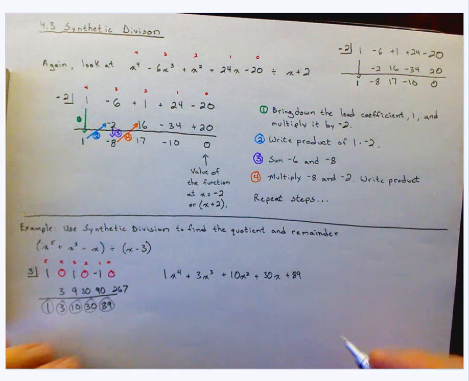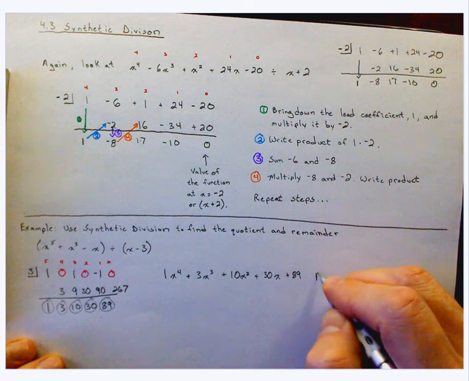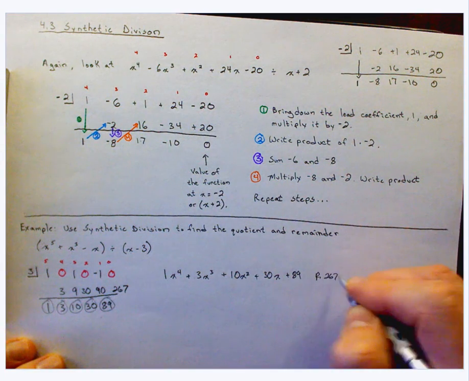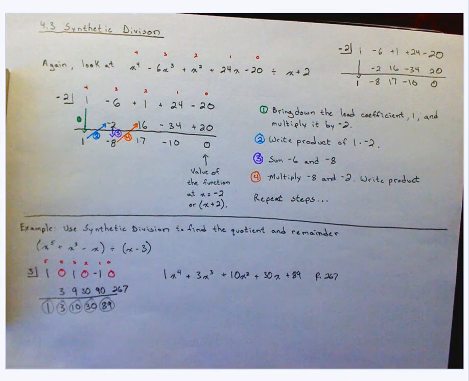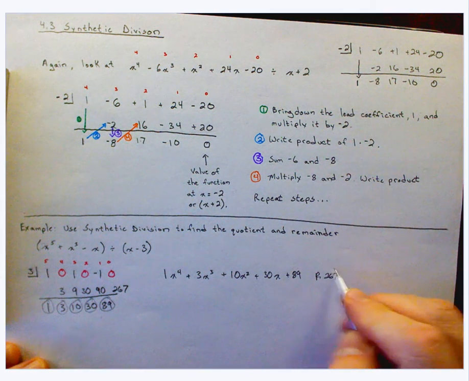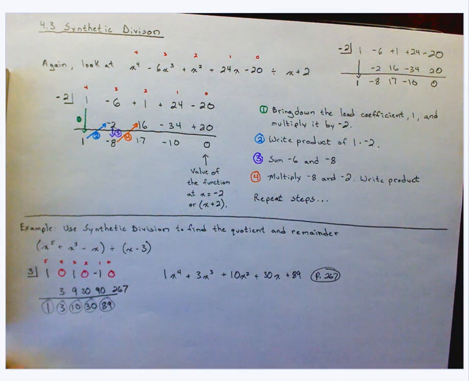With the remainder of 267. This is my quotient. Again, I can get rid of that 1. We understand that it's there. This is my quotient, the answer to the division problem, and this is the remainder.